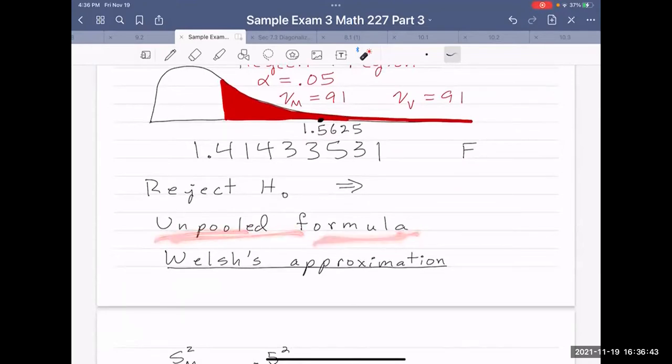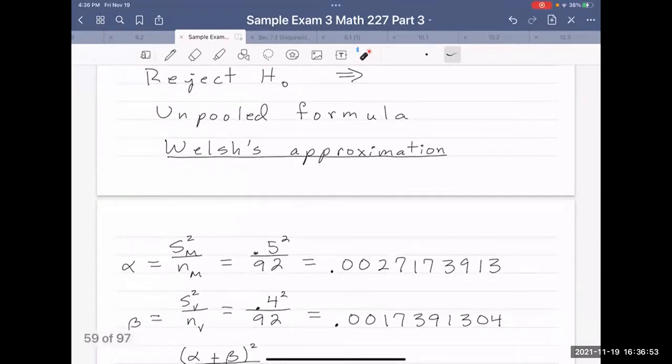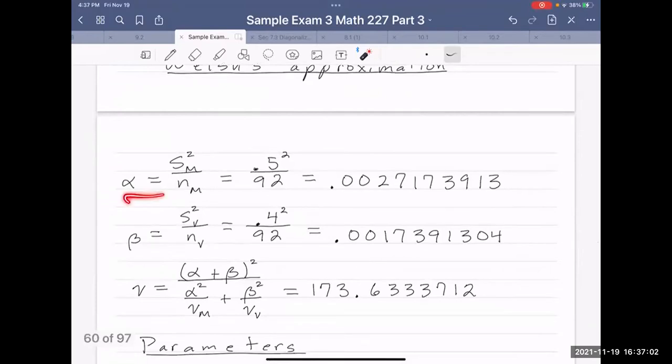So let's try to determine the critical value for my t-test. Well, first let's find my degrees of freedom. So let's use Welch's approximation. So alpha equals the sample variance for Maryland divided by the sample size for Maryland.